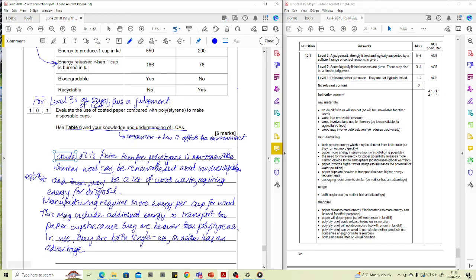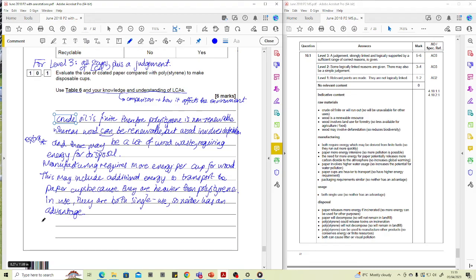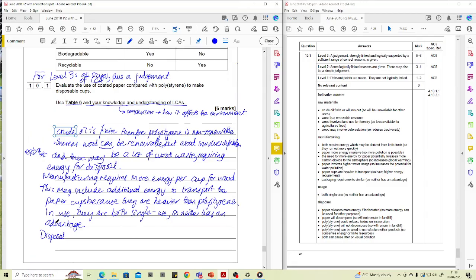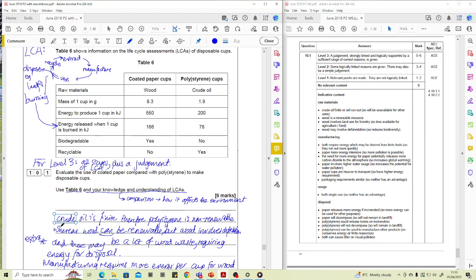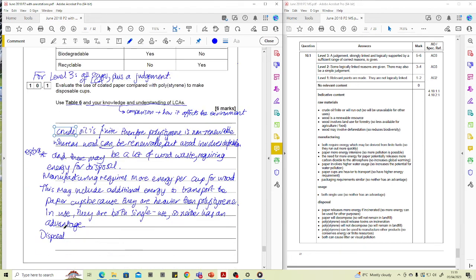So disposal. That is ridiculous to say polystyrene is recyclable. That is dumb. But obviously you just got to answer the question.